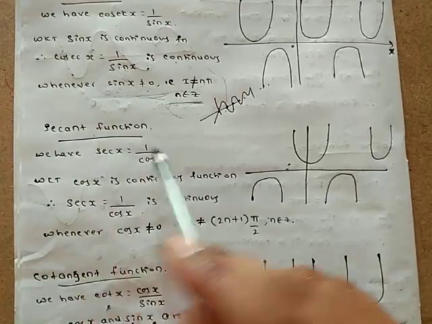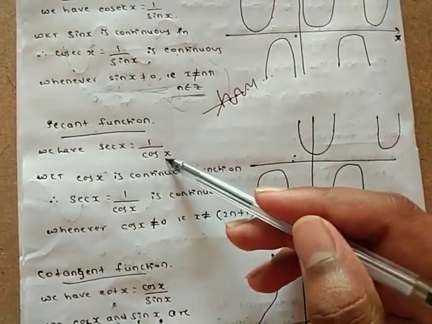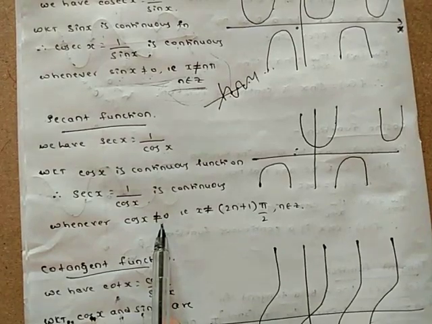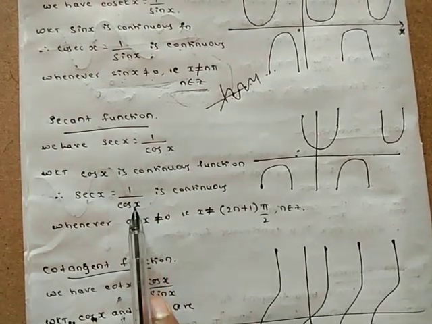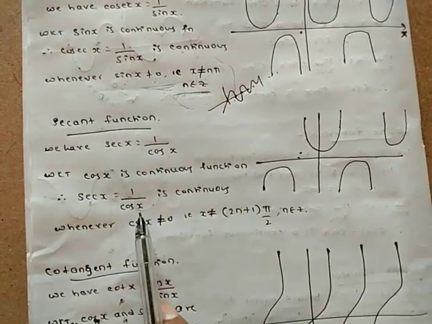The secant function is nothing but 1 divided by cos x. Already we know that cos x is a continuous function, but it also contains some rules. So cos x is not equal to 0, because 1 divided by cos x, if the value of cos x is 0, then it is going to be infinity or not defined.